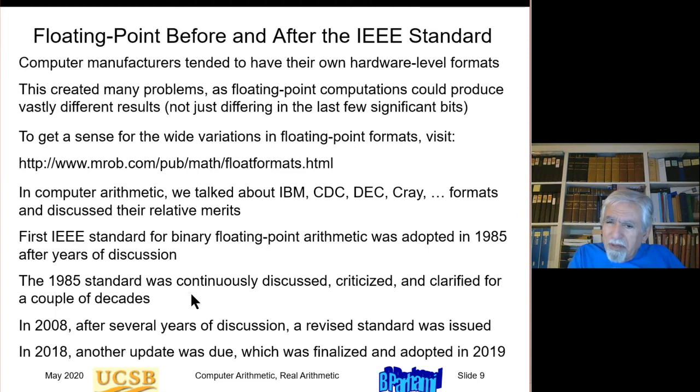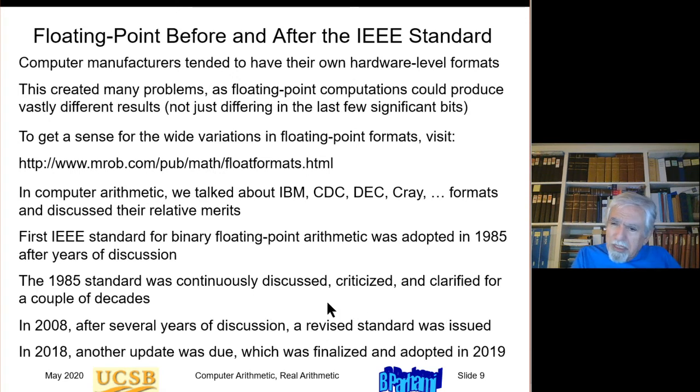The 1985 standard was continuously discussed, criticized, and clarified for a couple of decades. All IEEE standards are subject to revisions every decade or so. So after 2 decades, it was time to revise and update the standard. And that effort bore fruit in 2008, where a revised standard was issued.